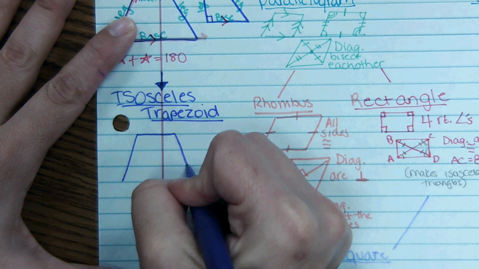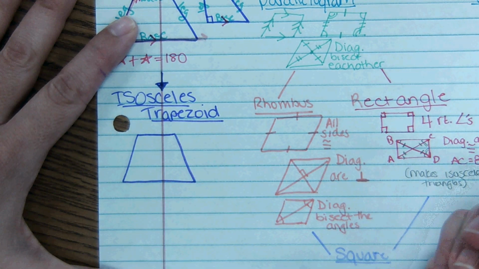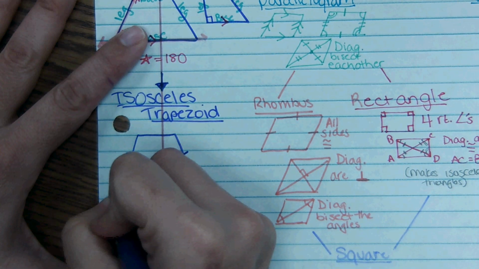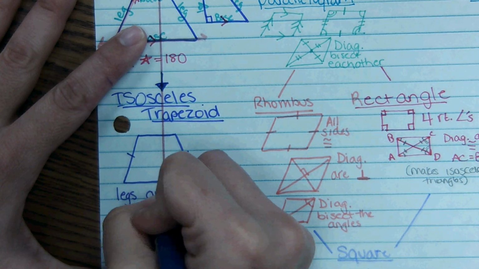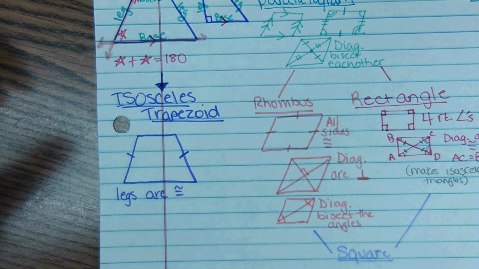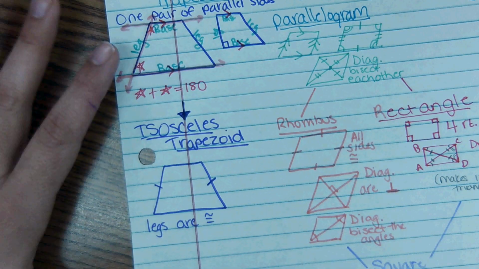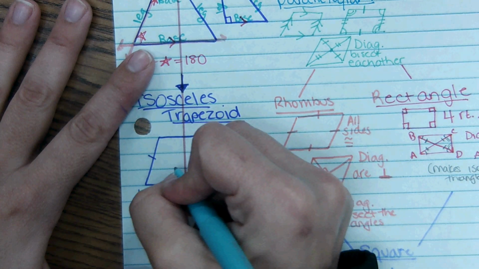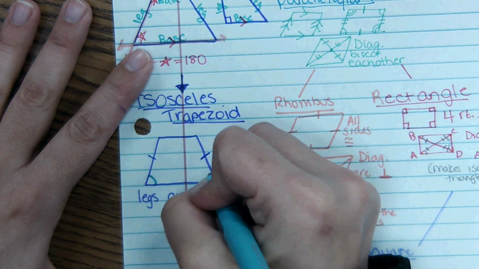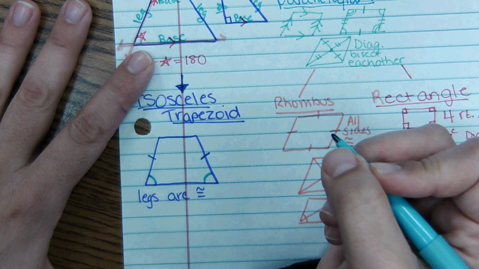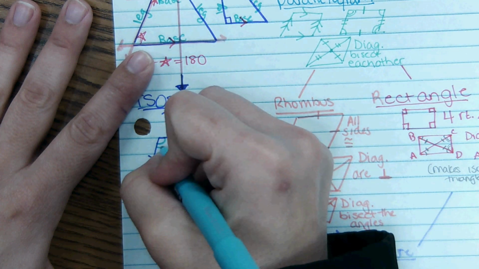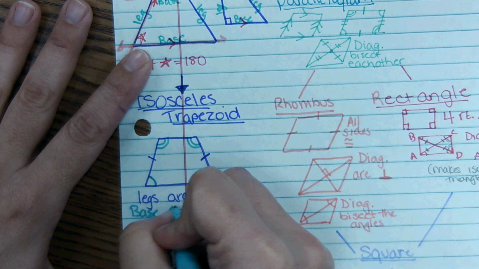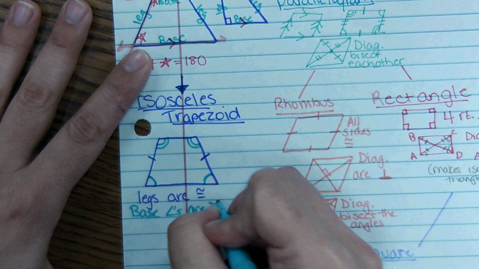So it's like a perfect trapezoid. In an isosceles trapezoid, the legs are the same measure, so legs are congruent. And the other thing that happens is the base angles are congruent. With this isosceles trapezoid, this angle is the same measure as this one, and this angle is the same as this one. So base angles are congruent.